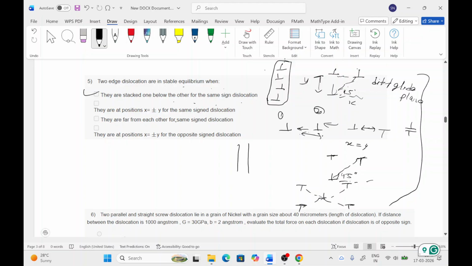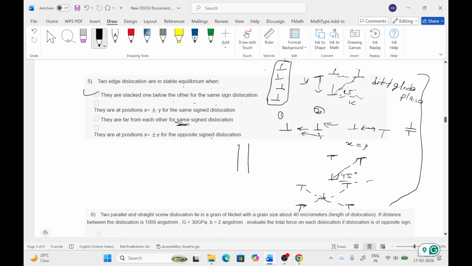In this option we have not mentioned the glide plane, means whether the glide plane is same or not. So this fourth option says that they are at positions x equals plus minus y for the opposite sign dislocation.